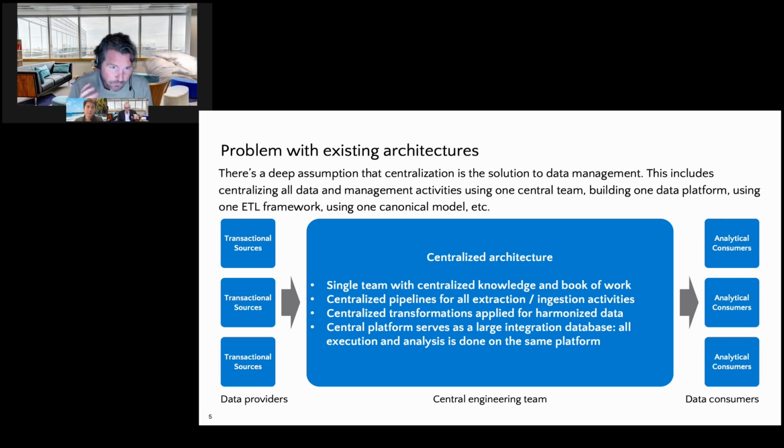And often there's also a central platform or large central database sitting underneath this architecture. And then at last on the right, you see the analytical consumer. So this is where the data downstream will be pushed to or will be consumed.